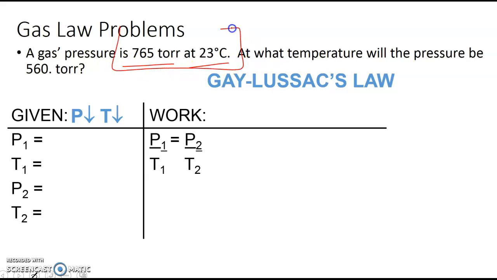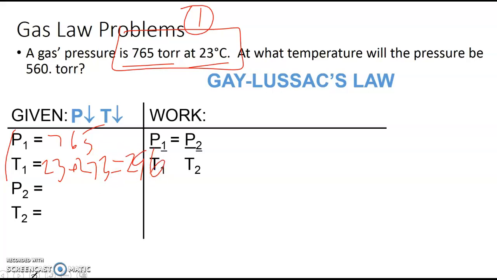These are together, so these are going to be our 1s. We'll put 765 right here as torr. We'll take 23, add 273 to it, and that'll be 296. P2 is right here, and that's 560. And then our T2 is a question mark.